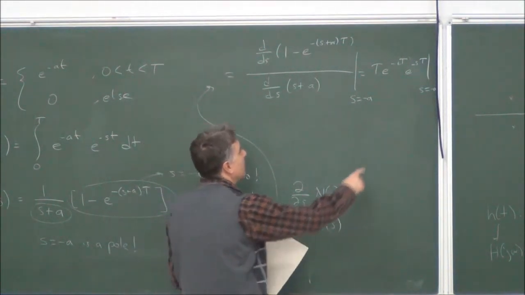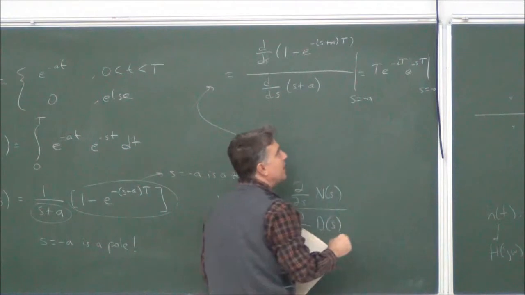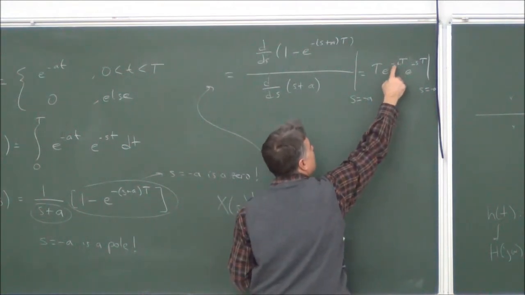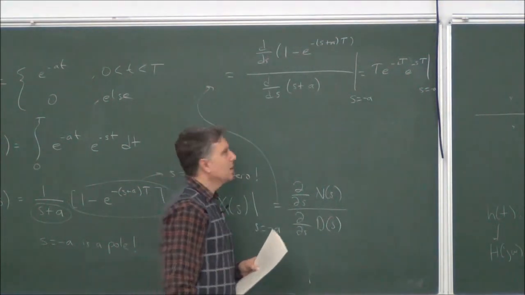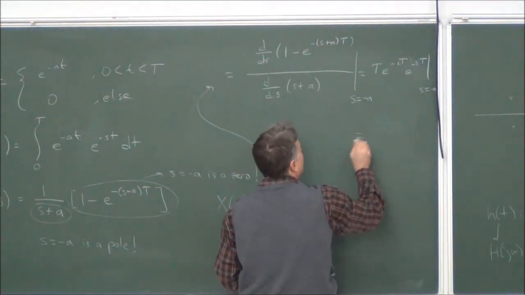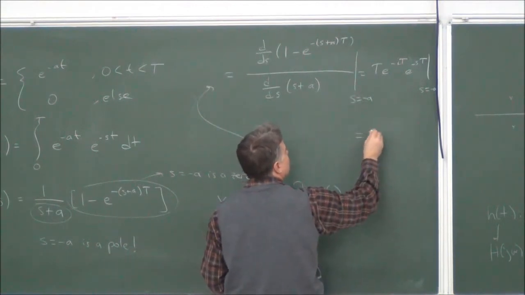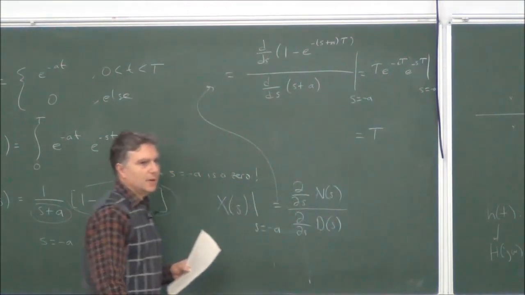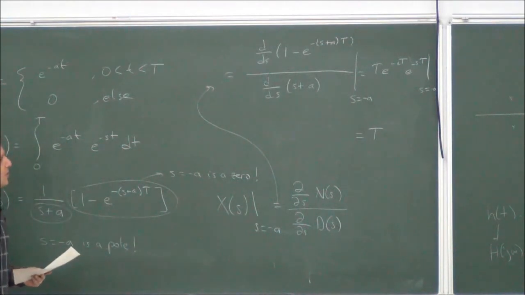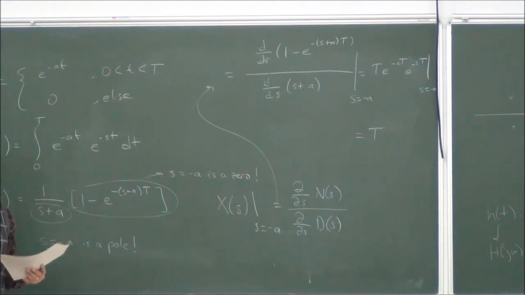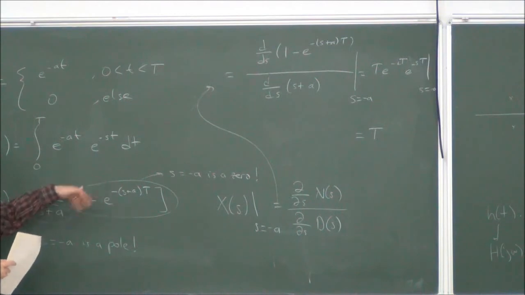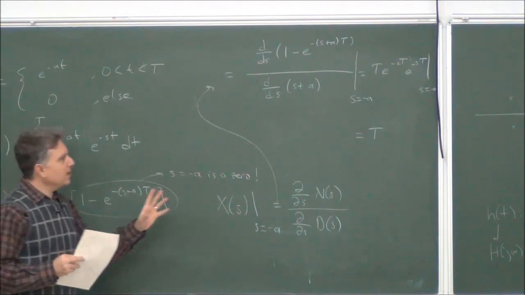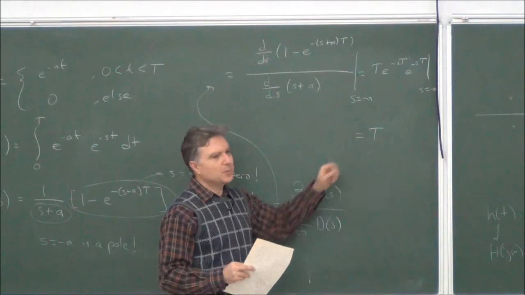And when you do that, when s is equal to minus a, this will be e to the minus at times e to the plus at, which is 1. So the whole expression will be equal to capital T. So at this point, we conclude that at s is equal to minus a, there is not a 0, there is not a pole, there is some value. The pole and the 0 are cancelling each other, and we obtain a finite, non-zero value of capital T.